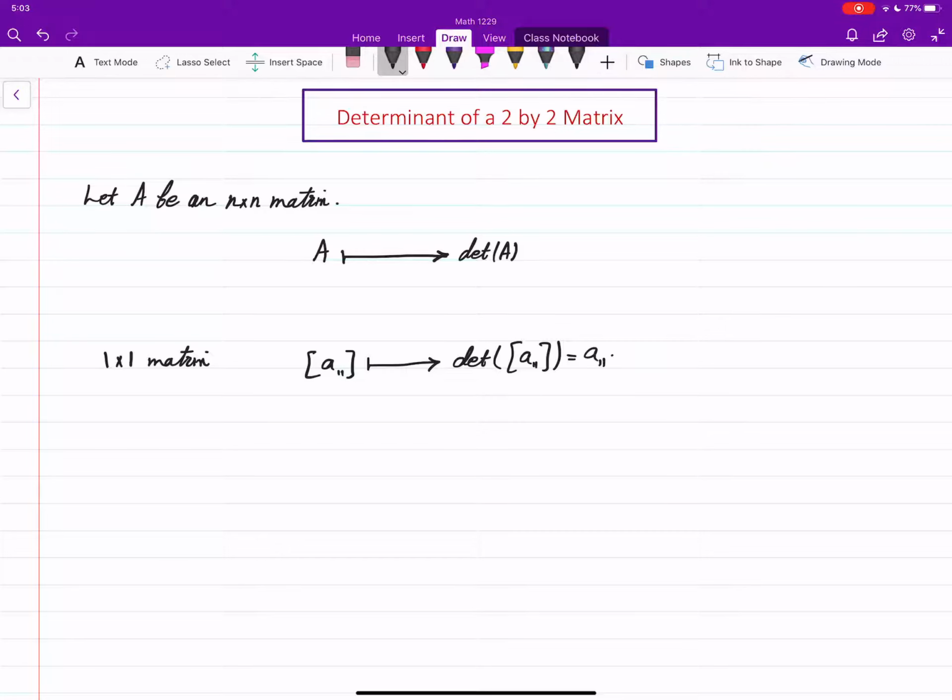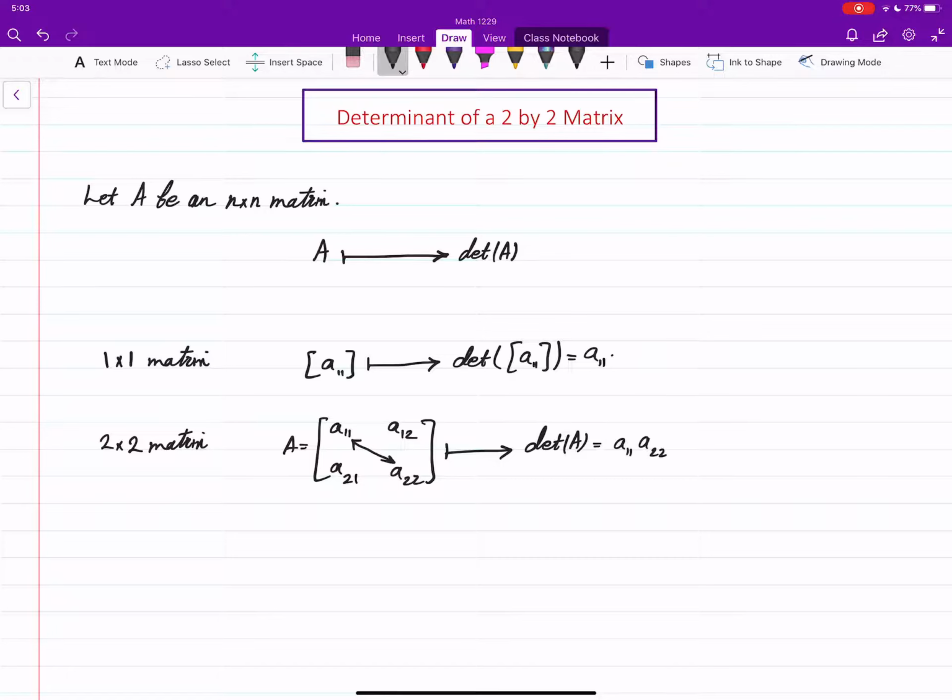But when it comes to a 2 by 2 matrix, then we have 4 numbers in such a matrix. What do we do with this? Or how do we get the determinant of, let me call this one A, determinant of A in this case? Well, the formula is you multiply entries on the main diagonal, so A11 times A22.